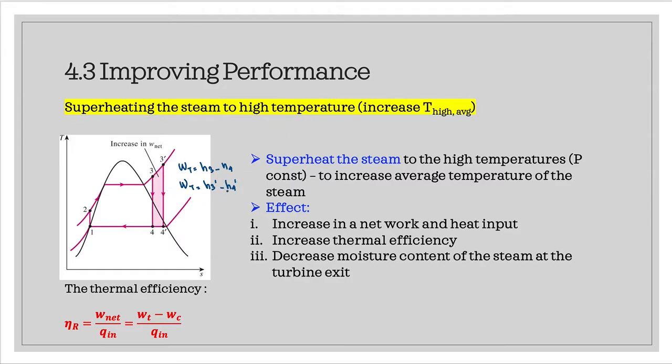So we can see that this new work of turbine is greater than the initial work of turbine. So the work net will increase. Since work net is increased, the thermal efficiency will also increase. And we can see here that the Q in, the heat input, is also increased.